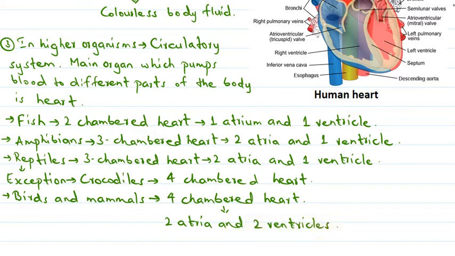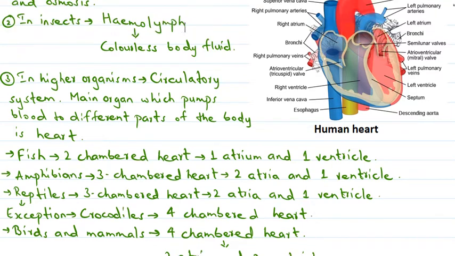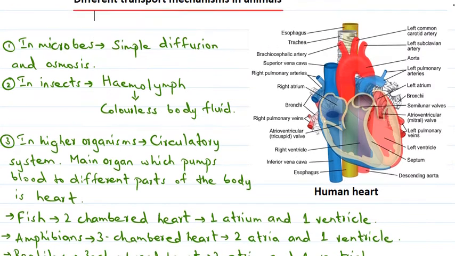Okay, so let's just revise the things that we have covered today. We saw that animals have a specialized transportation system by the help of which different substances get transported within the body from one part of the body to another. Then we had a look at different types of transport mechanisms in different phyla of animal kingdom. We started with microbes.